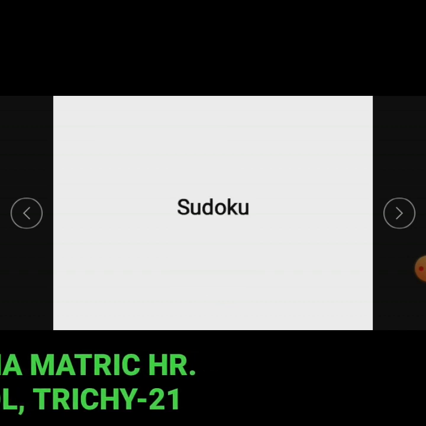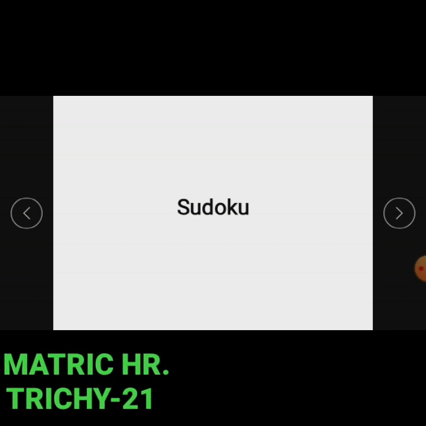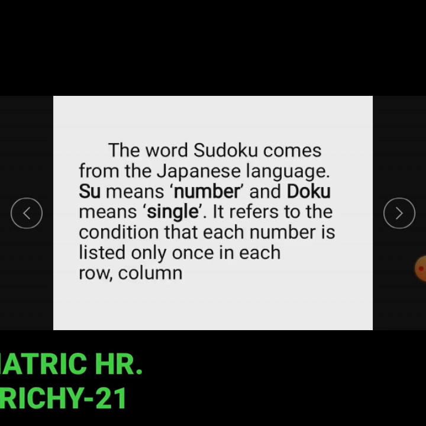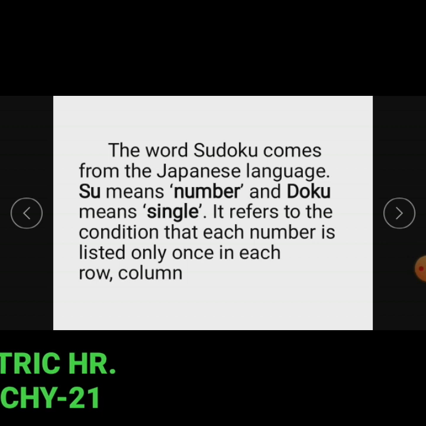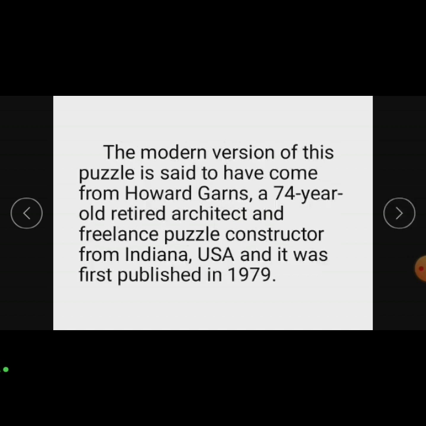Now we learn how to solve puzzles like Sudoku. The word Sudoku comes from the Japanese language. Su means number and doku means single. It refers to the condition that each number is listed only once in each row and column.